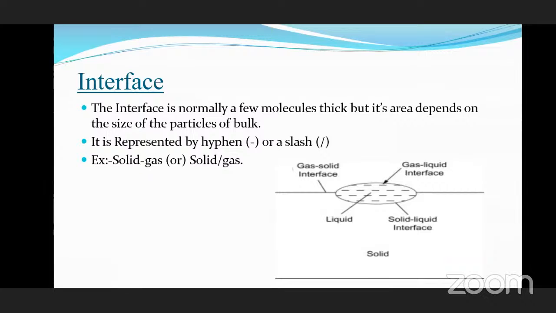The interface is represented by a hyphen symbol or a slash symbol.